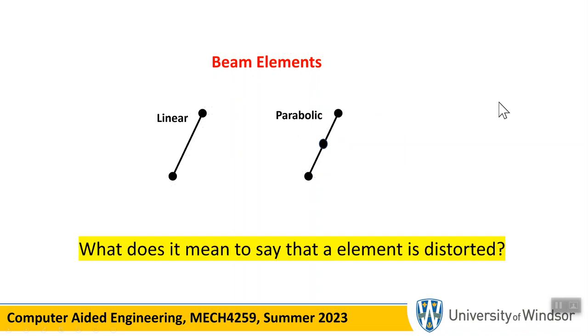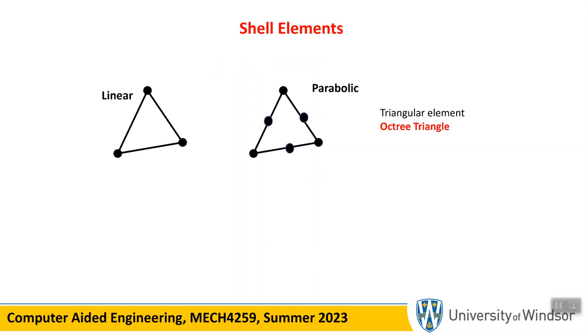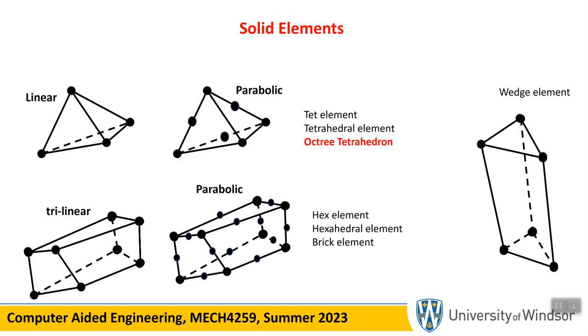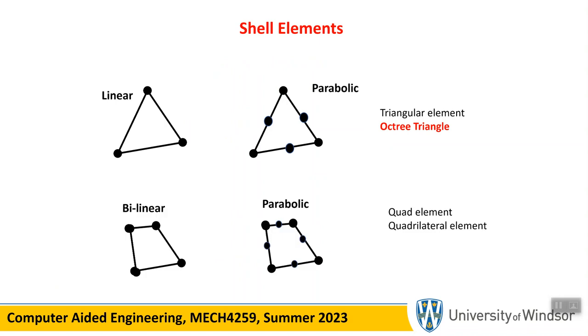Now, one other thing that came up is some people ask me, what do you mean by distorted element? Well, let me go back to these cases. Let's take this shell element, and the same thing is true for the solid elements. If you see an angle which is very close to 0, just hypothetically, pretend that this was 1 degree, notice that this element becomes very long in one direction.